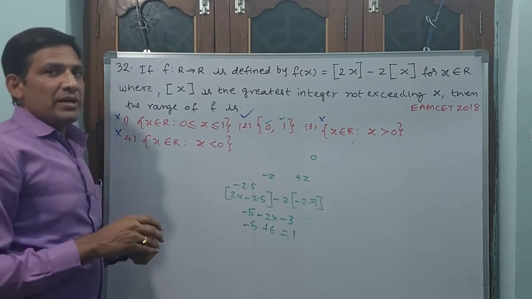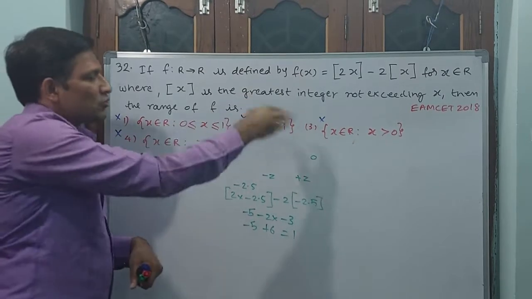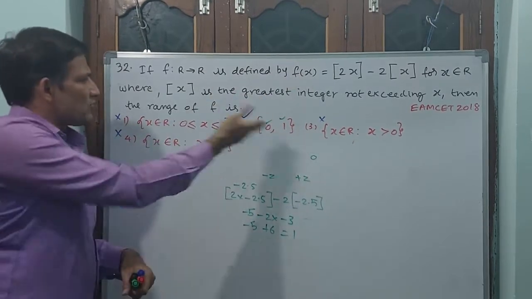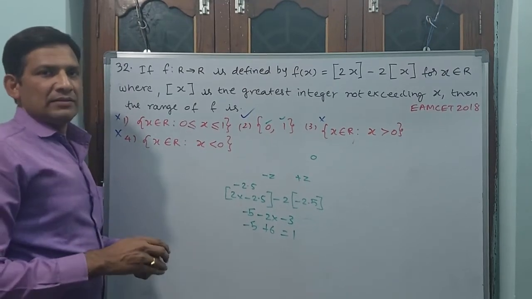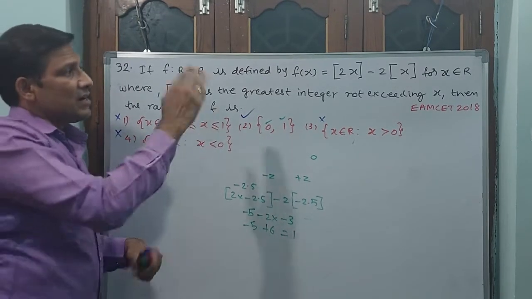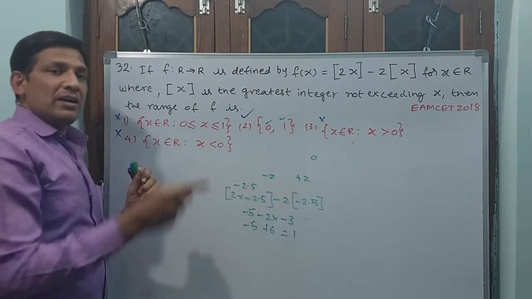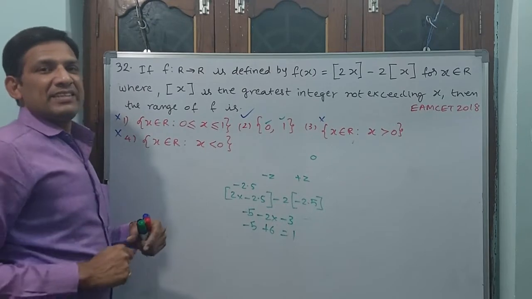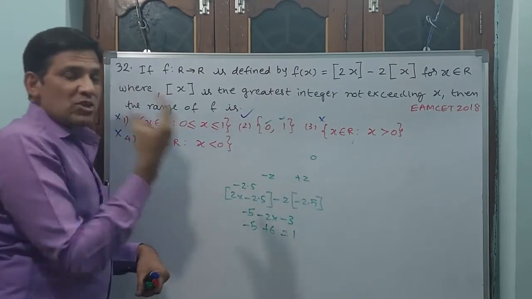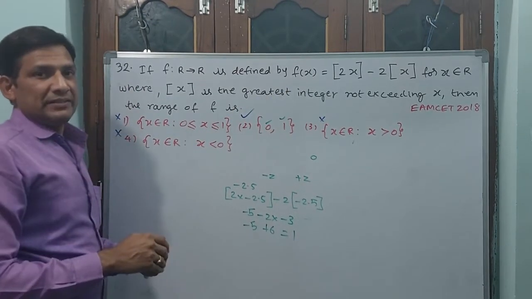Every formula you may not remember. At that time also you analyze based on the answers. You put the answer, that is not wrong. Theory I can tell, what the greatest integer function is taken to be. But today you remember, tomorrow you are going to forget this. But this type of application of your mind, this is not going to be forgotten.